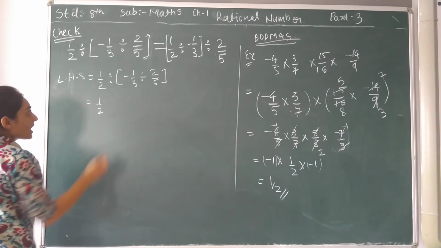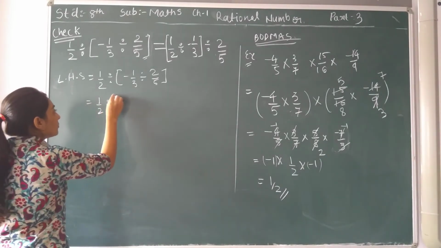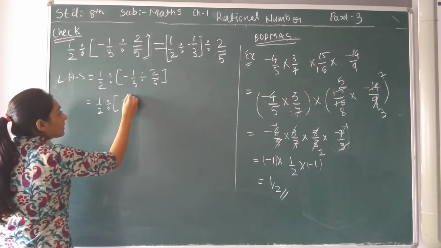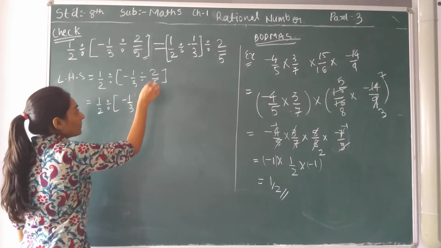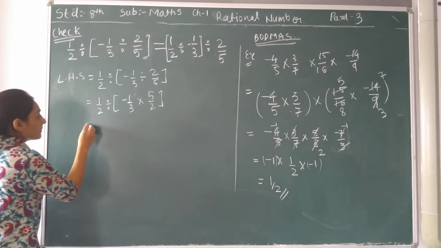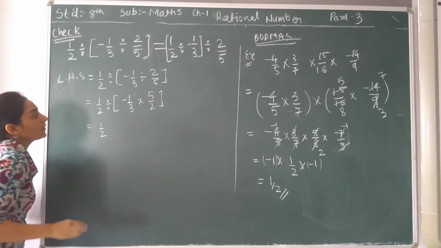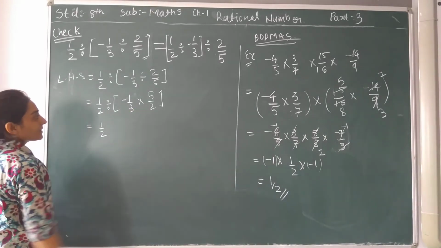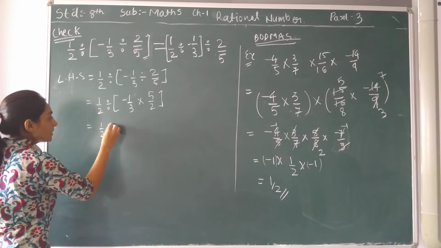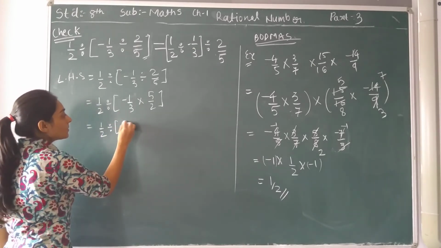According to BODMAS, first we have to solve the bracket. So I am taking minus 1 upon 3 and take the reciprocal, so 5 by 2. Okay, now 1 upon 2, so nothing is common, so nothing gets cancelled. Okay, now these things are in division, let's do the multiplication.